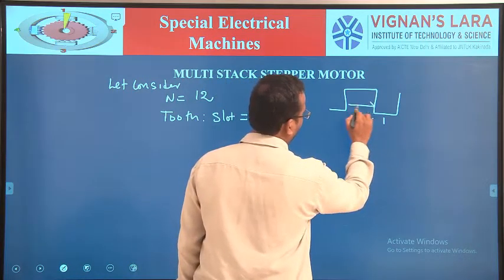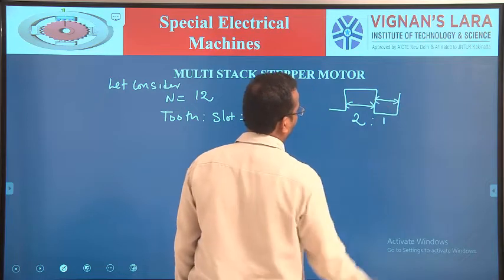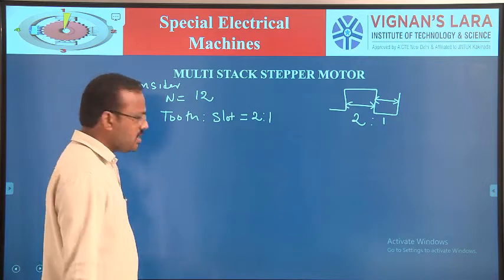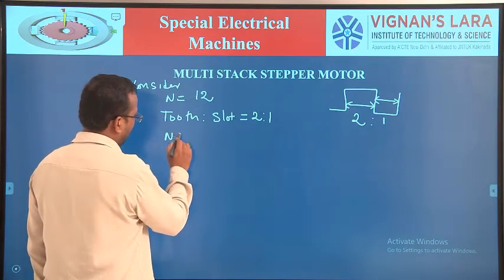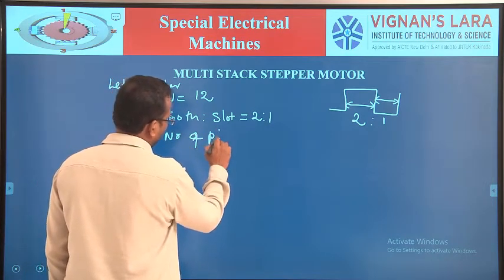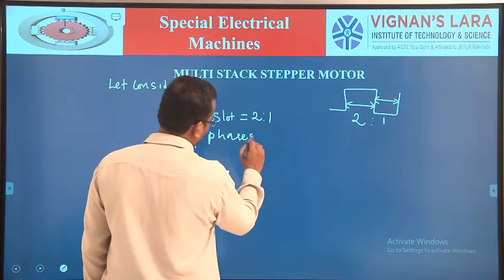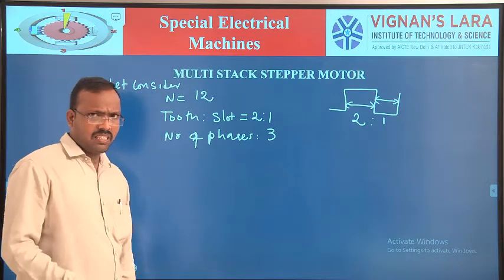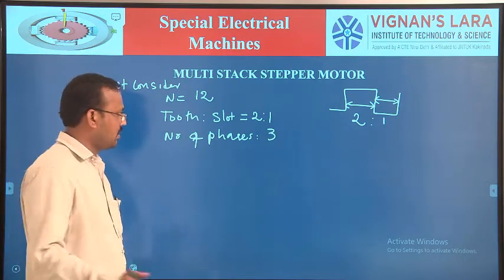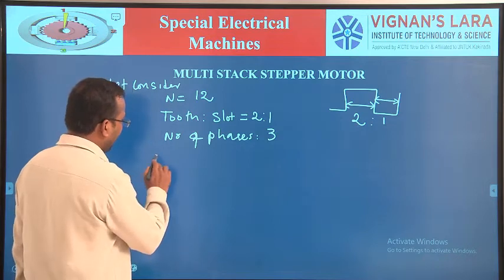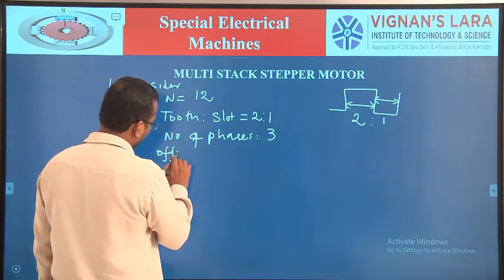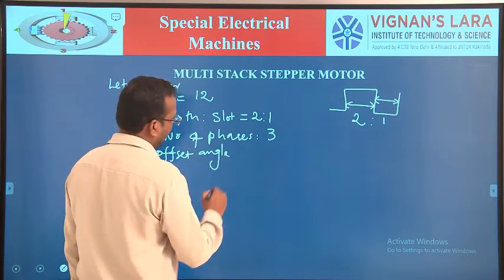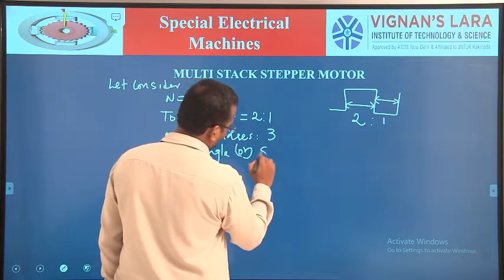So this is a 2, this is a 1. Now we calculate. What is the number of phases? Number of phases equals 3 because we have 3 phases, 3 stacks. So number of stacks equals number of phases. We now calculate the offset angle or step size.